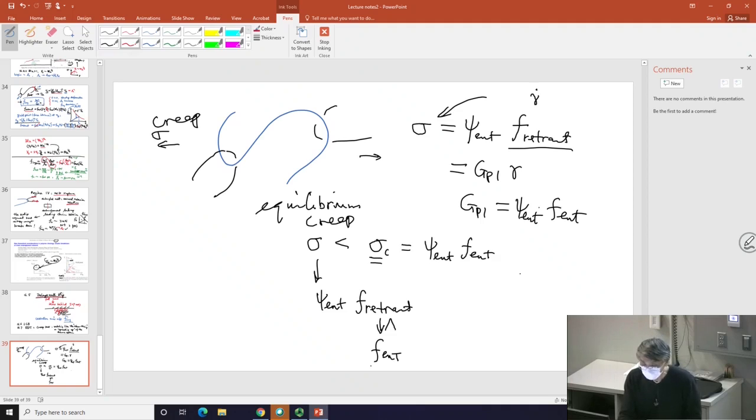which of course means that this is the case. You will not destroy the structure because structure has a cohesion force of this level.